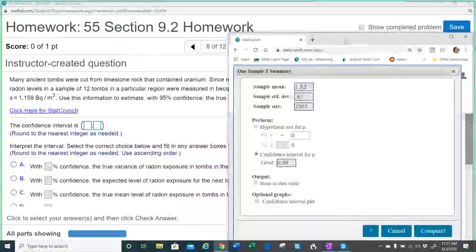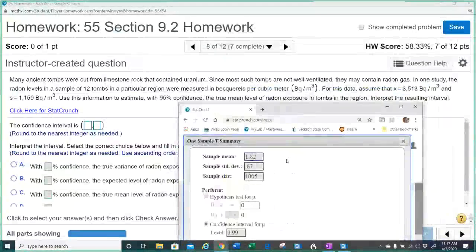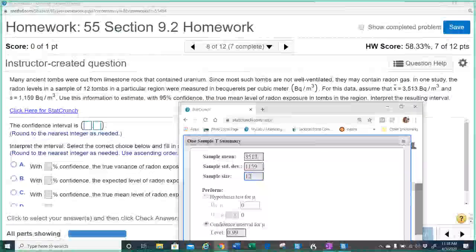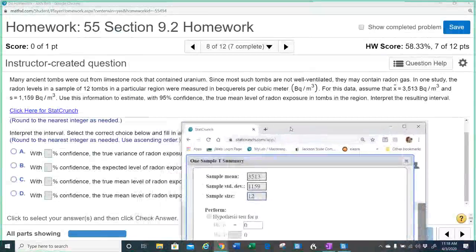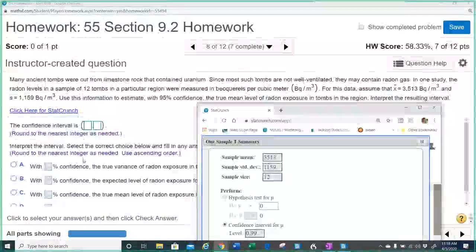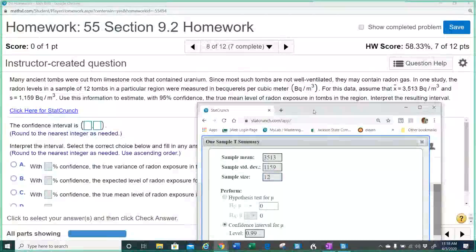So we've got mean is 3513. Standard deviation 1159. Sample size 12. And we want 95% confidence.